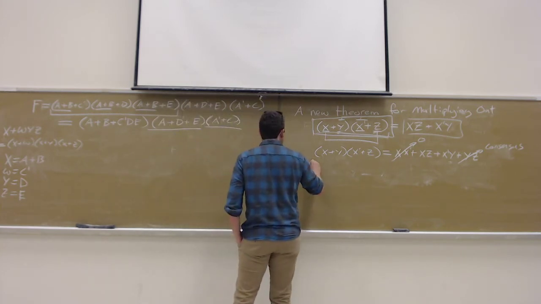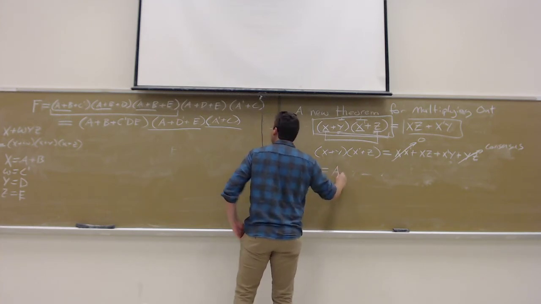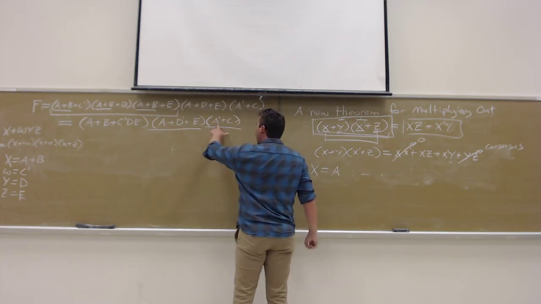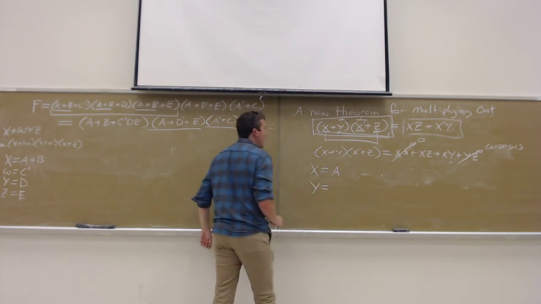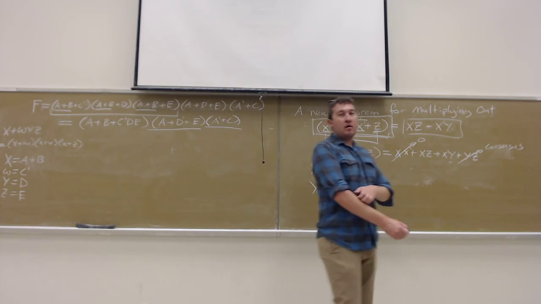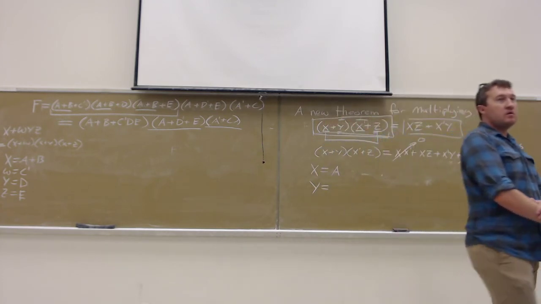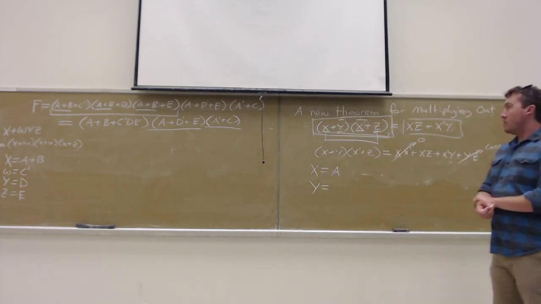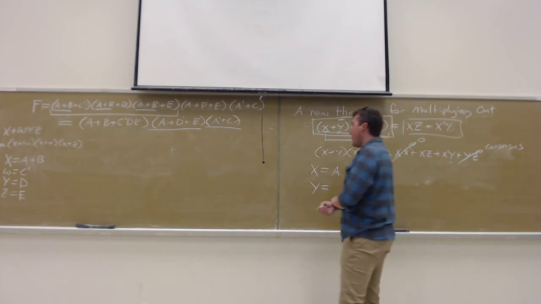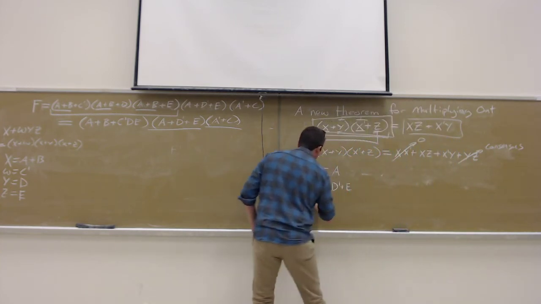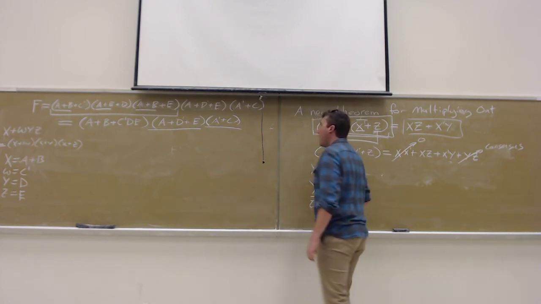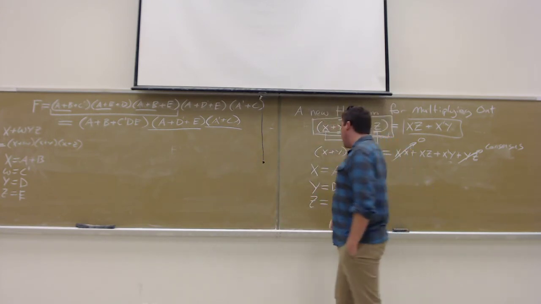So in this case, what's our X? X equal to A, since we have A and A prime. What do we use for Y? D prime or E. Makes our Z what? Just C. Good.